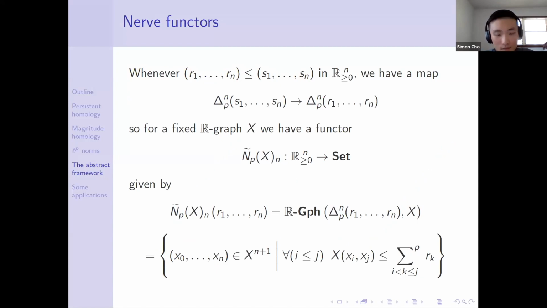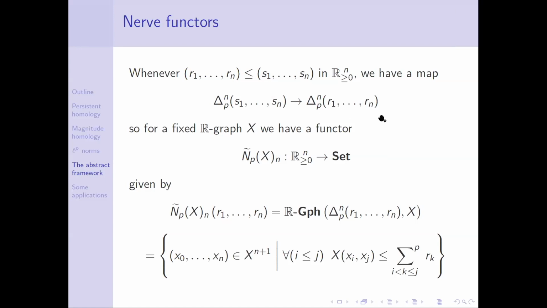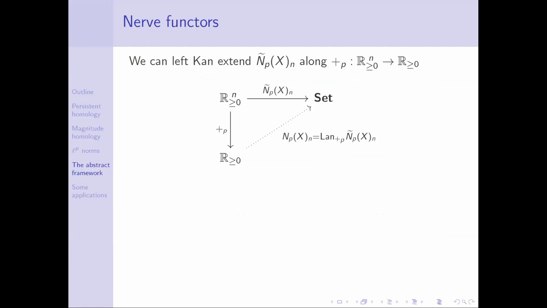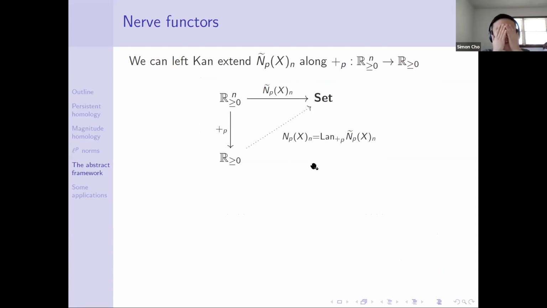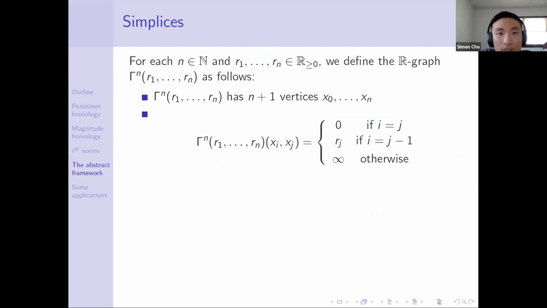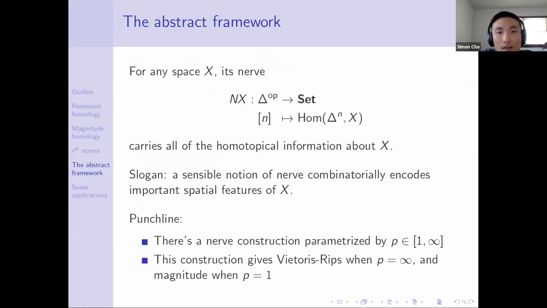Okay, so the choice of P determines what these simplices look like. Now, one technical problem that arises: in the classical case, there are no lengths to worry about, so it's fine.